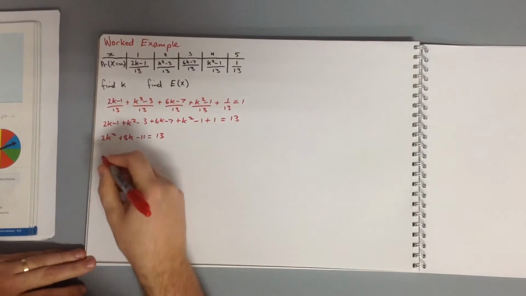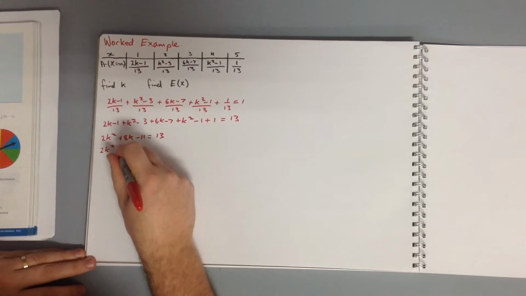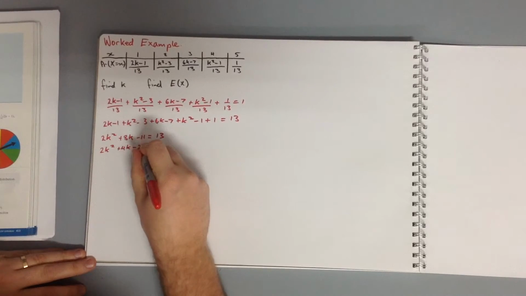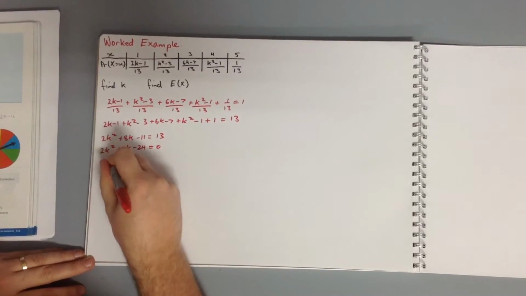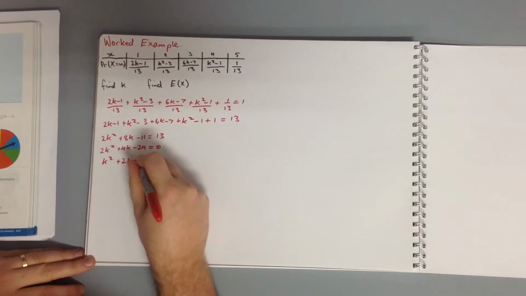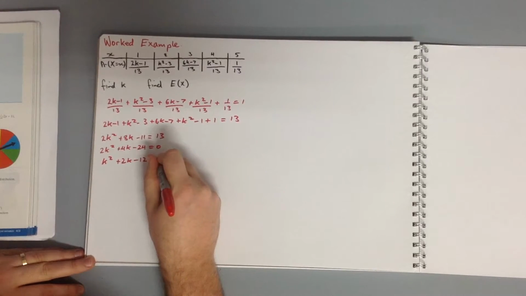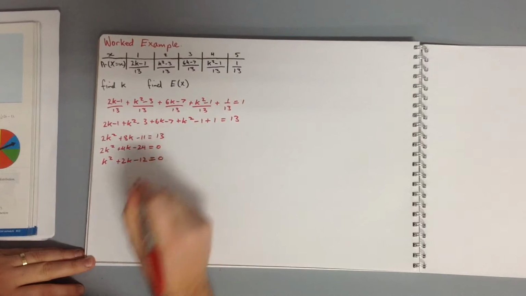Now if we take our 13 away, we've got 2k squared plus 8k minus 24 equals 0. We can divide by 2 and say k squared plus 4k minus 12 equals 0.